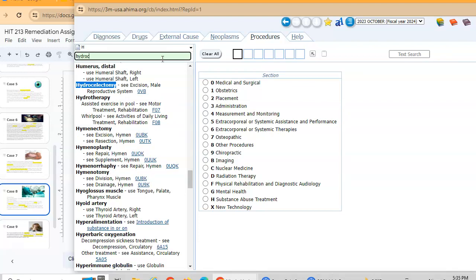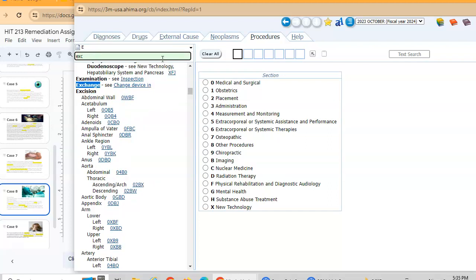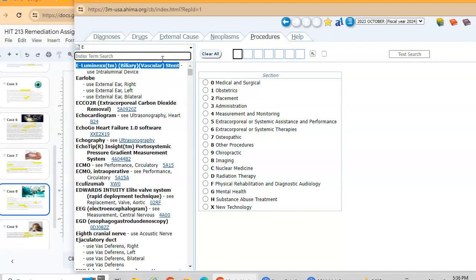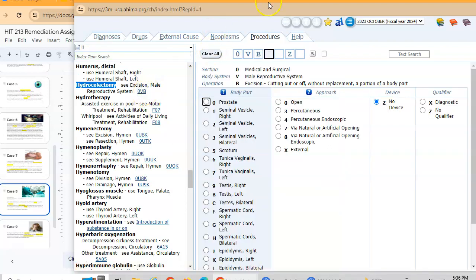Okay, so it tells us to see excision, male. So I guess we'll do it this way.